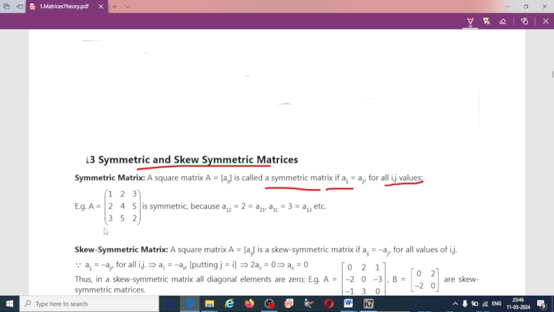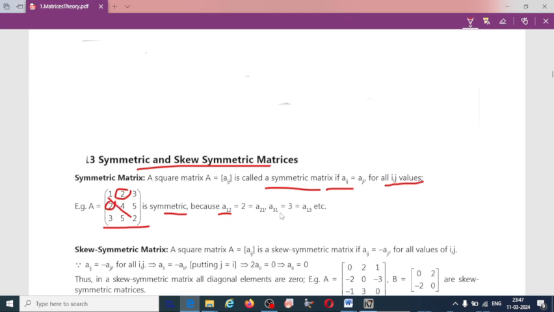For example, here you have a 3 cross 3 matrix. You can see that except for the diagonal elements, the elements above and below are the same numbers. It is symmetric because A12 is equal to A21. Here this 2 and this 2 are equal.